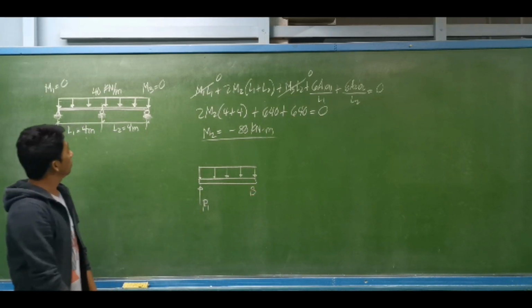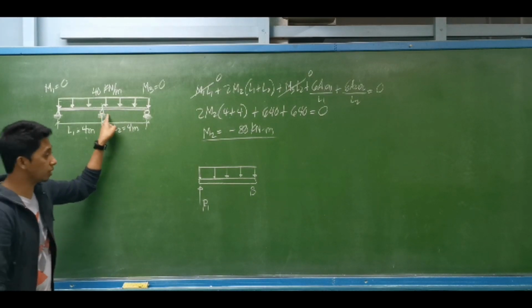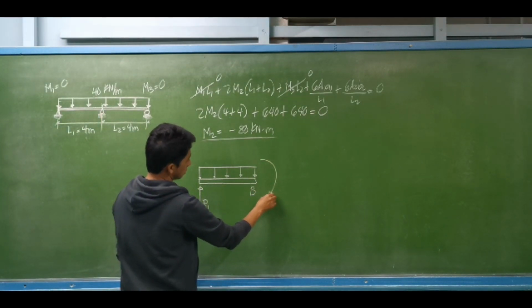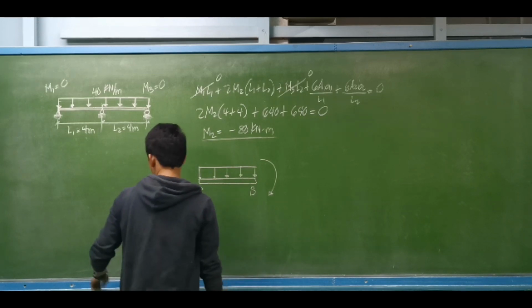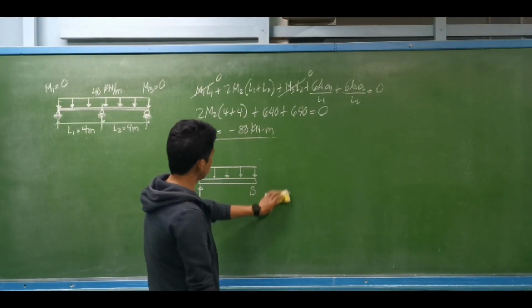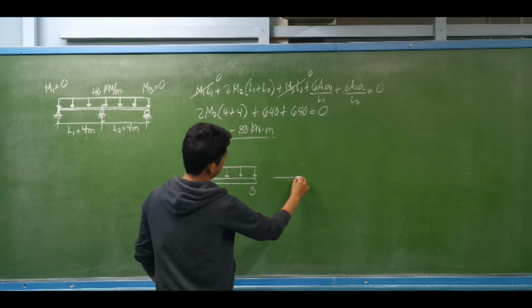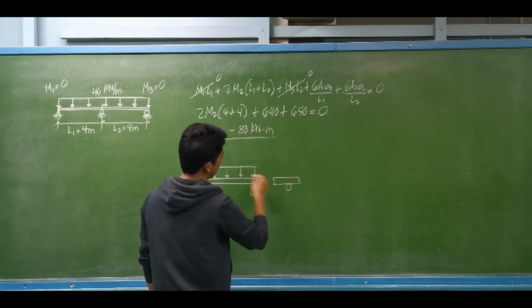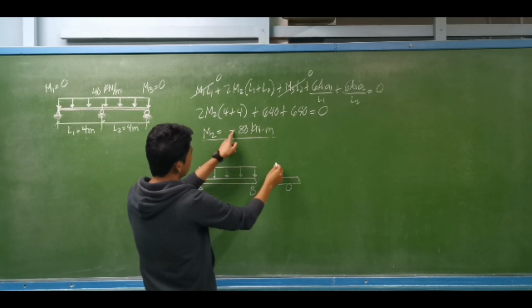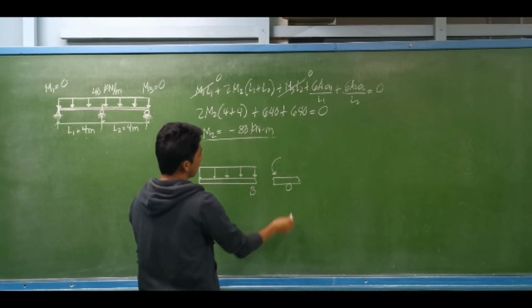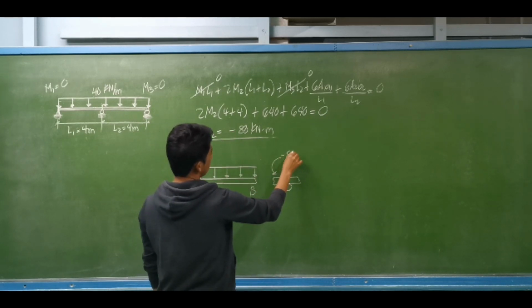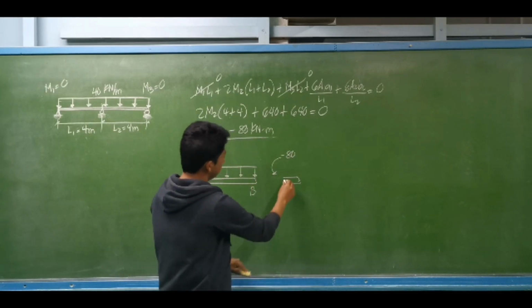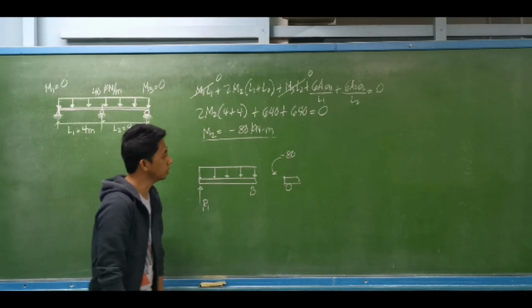Let's say this is point B. Since we have a roller support here, the direction of the moment should be like this. If we separate that from the portion of the roller, the computed moment is counterclockwise, negative 80. So let's say we cut the beam just before the roller.